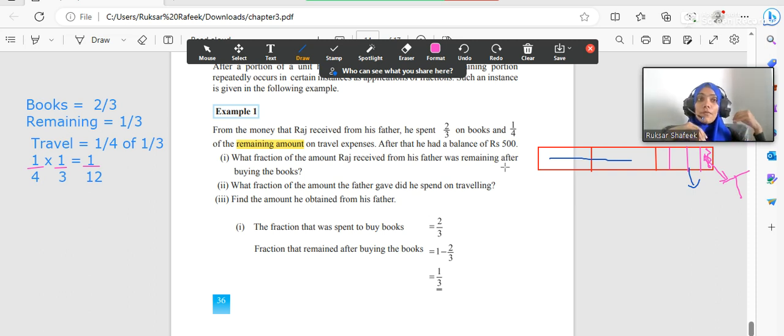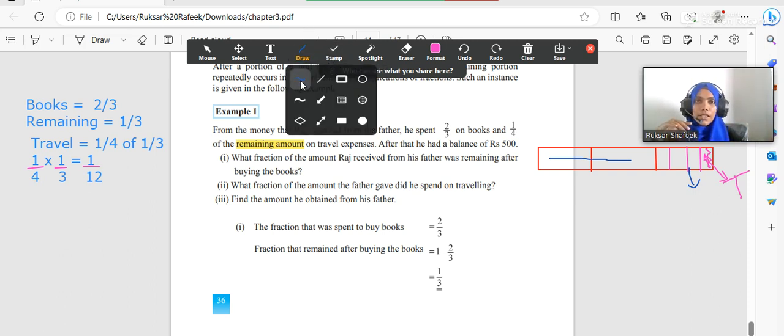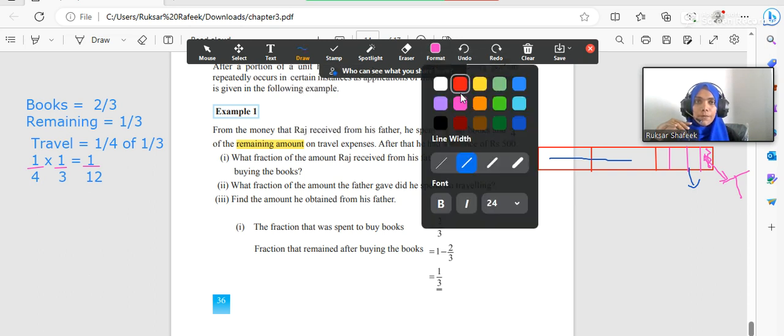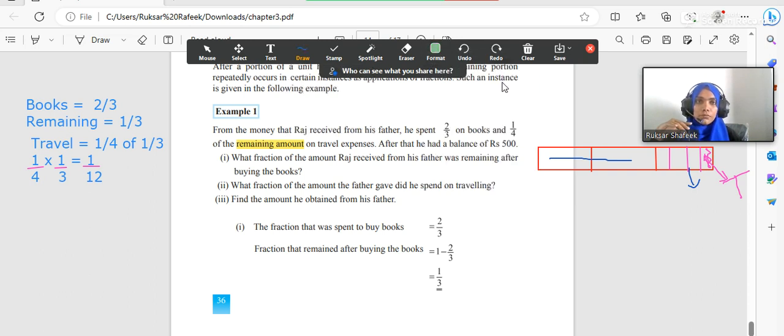Now the next part that they're telling, after that he had a balance of rupees 500. So basically the balance 500 is from this particular part here. These three parts are the ones that are balanced, and this balance is equal to 500 rupees. Now how much is this fraction is another question that comes up.